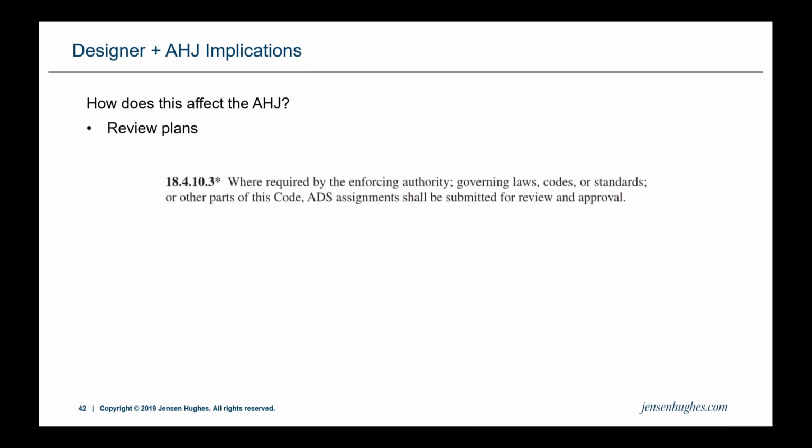Now, the AHJ provides an interesting wrinkle in this process. The AHJ is charged with a lot of responsibility, and one of them is to review our plans and approve our plans. Well, that can be quite a challenge for some because some may just struggle to understand fire alarm systems in general and may know nothing about sound or intelligibility. They may not really understand why you are making certain decisions.